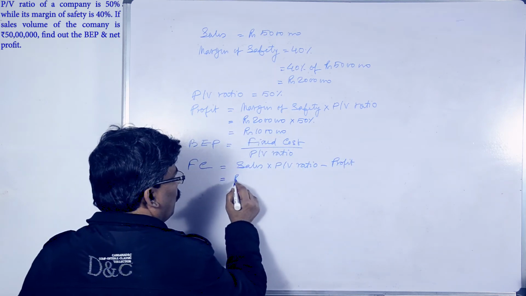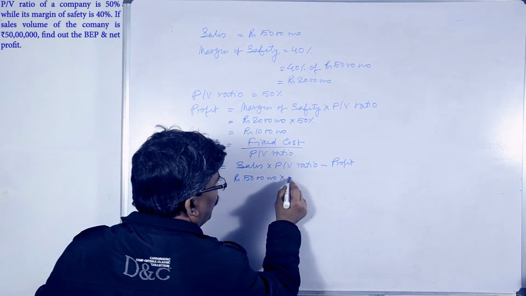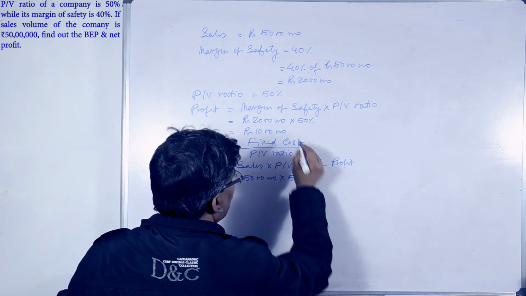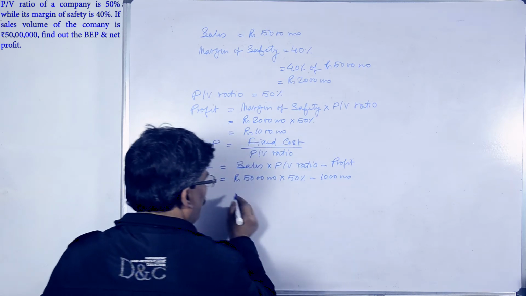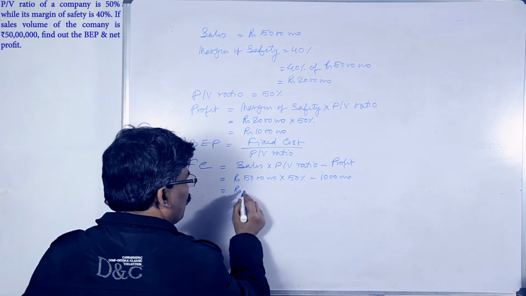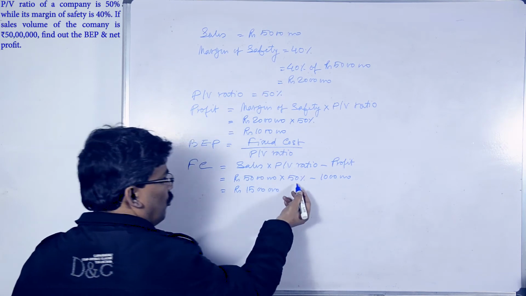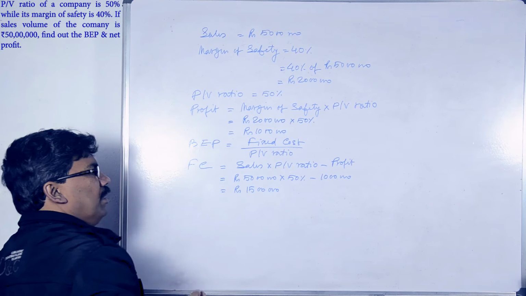Sales rupees 50 lakh into PV ratio is 50% minus profit we calculated as 10 lakh. Therefore, fixed cost is coming as 15 lakh. 50% of 50 lakh is 25 lakh minus 10 lakh, it is 15 lakh.